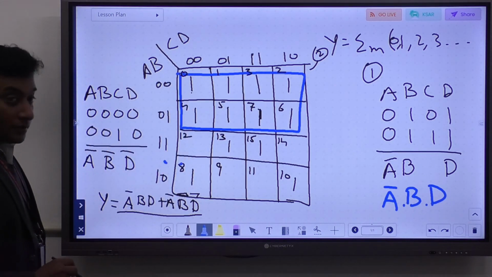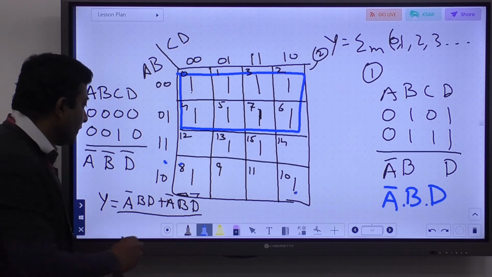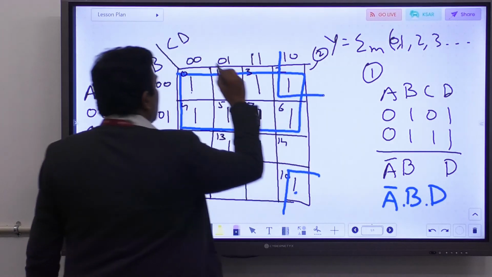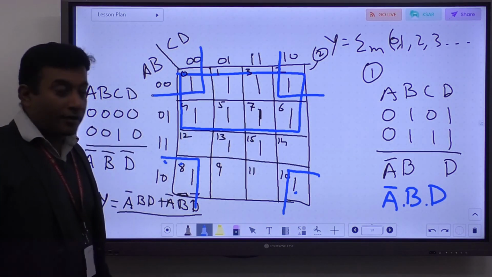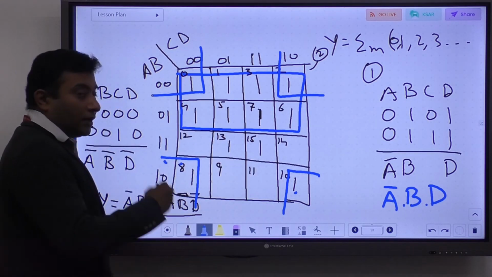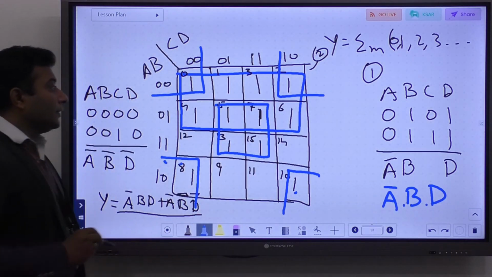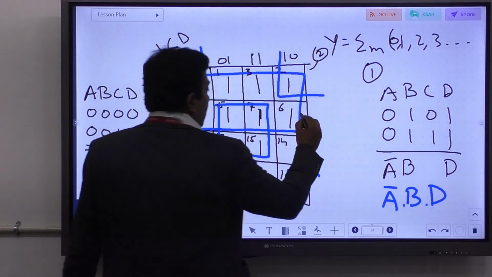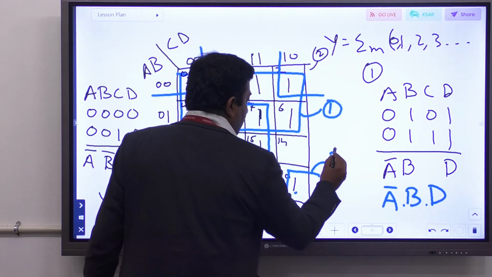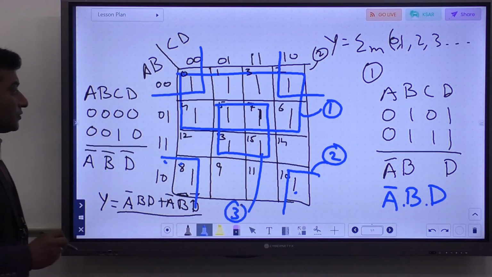A single octet first, and then we see that here a 1 and here a 1 is left, so we can club them into a quad because all the four corners are having 1. Again, two minterms are left, we have to club them to make a larger group, and we can have this quad. So we can take now three groups. This may be group number 1, this may be group number 2, and this one may be group number 3. Okay, so let's solve it.